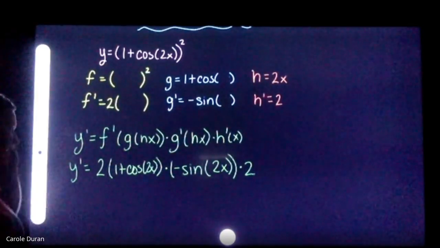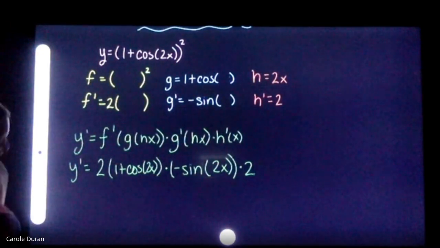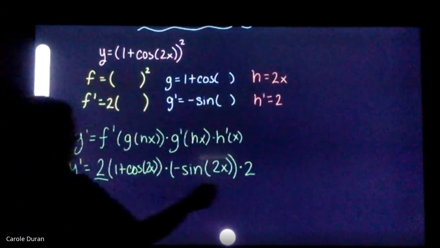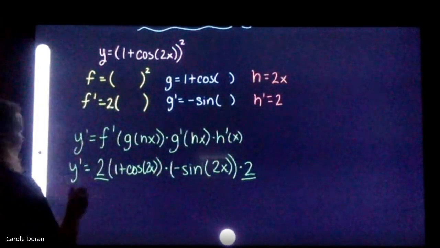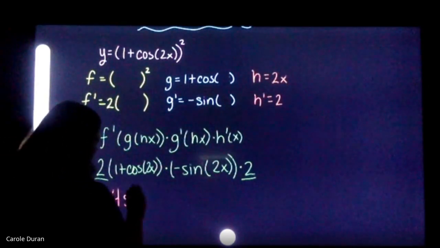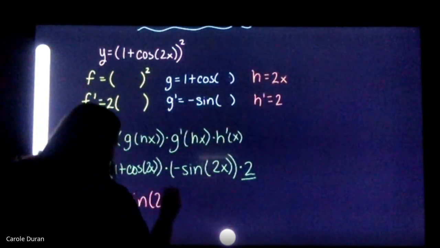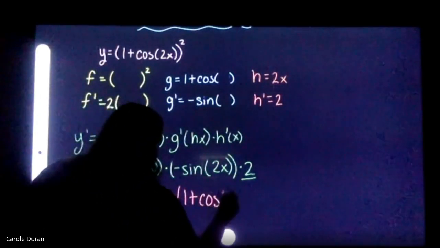Since everything is being multiplied, we can put our stragglers together. So I'm going to put this 2 and this 2 together, and then I'm going to bring the negative sign to the front, which means I have y prime equals negative 4 sine of 2x times 1 plus cosine of 2x.